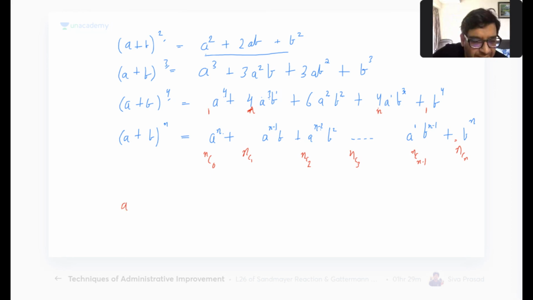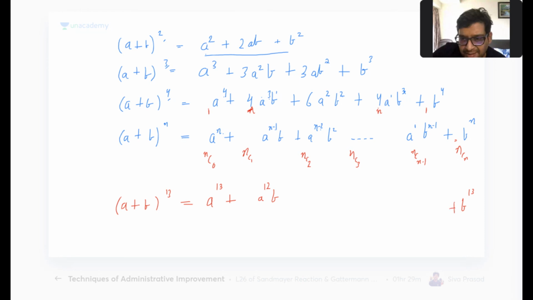So, for example, if someone asks you (a plus b) to the power of 13, how many terms will be there? Can you now quickly tell me? How many terms will be there? 14. The first term will be a to the power of 13. The last term will be b to the power of 13. The second term will have the power of a come down by 1, so a to the power of 12 into b.